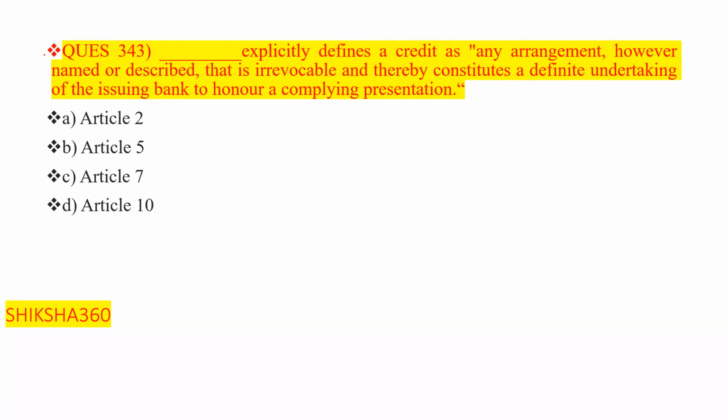Now move to the next question, relating to the article. Which article explicitly defines a credit as any arrangement, however named or described, that is irrevocable and thereby constitutes a definite undertaking of the issuing bank to honor a complying presentation?